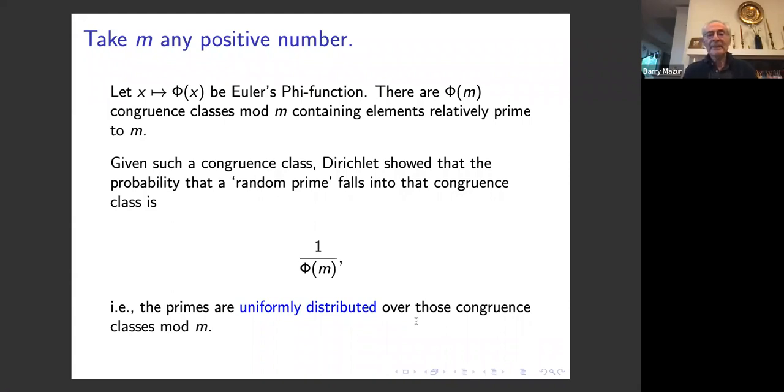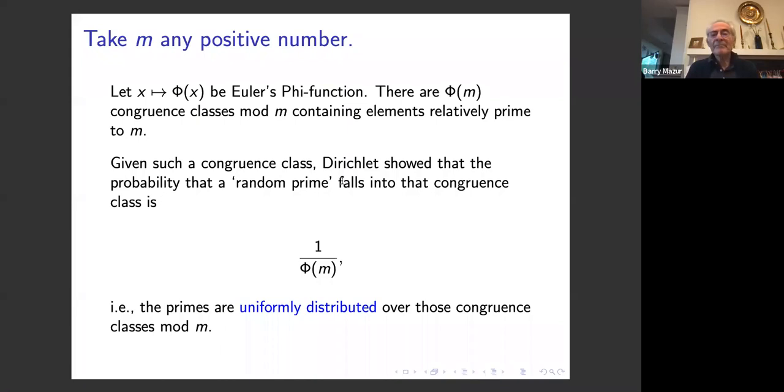So if m is a particular integer, we have phi of m congruence classes containing elements relatively prime to m. And given such a congruence class, you might ask, what primes fall into that congruence class when you reduce them mod m?